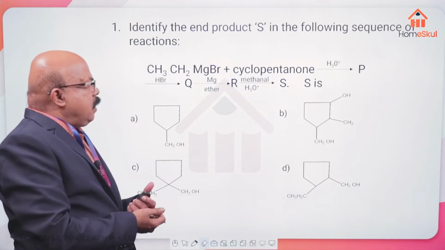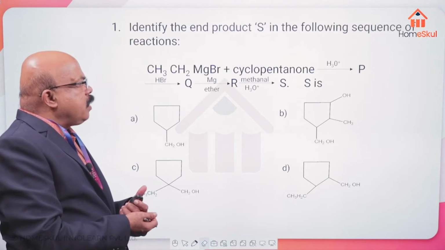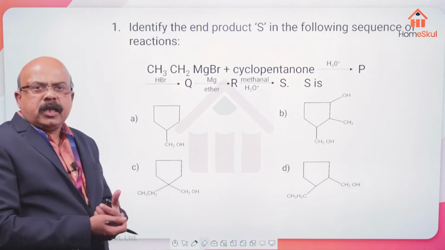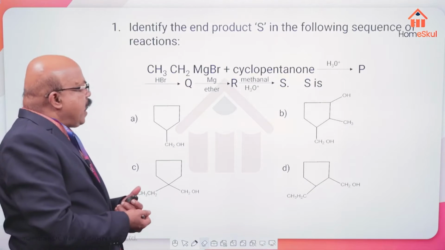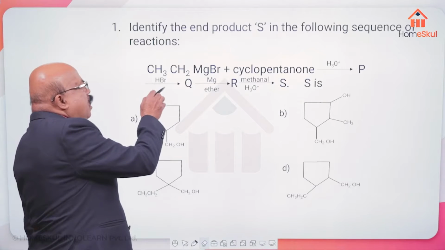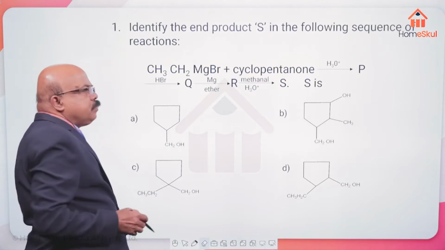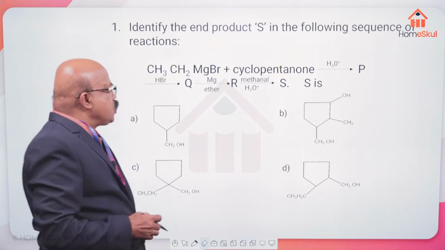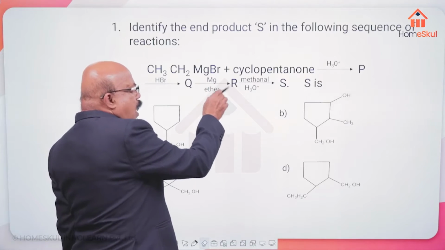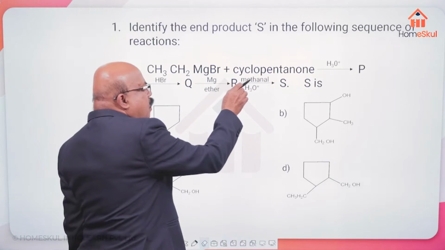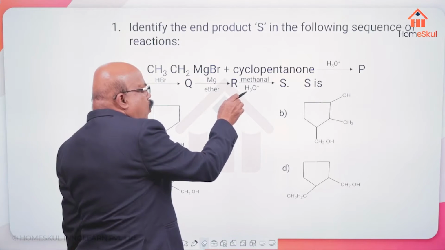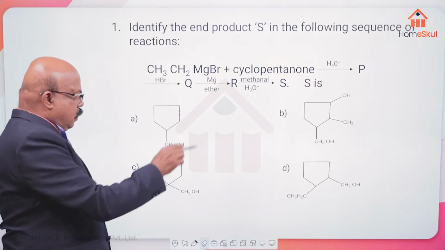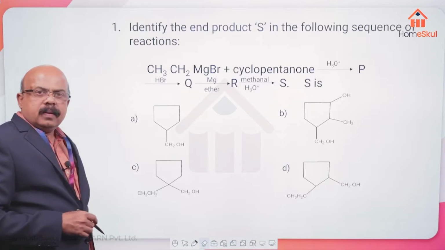The intermediate thus obtained is subjected to acid hydrolysis to get a product P. That on treatment with HBr gives another product Q. That on reaction with magnesium in ether produces R. R on reaction with methanal followed by acid hydrolysis gives S. Identify S. These are the options given.